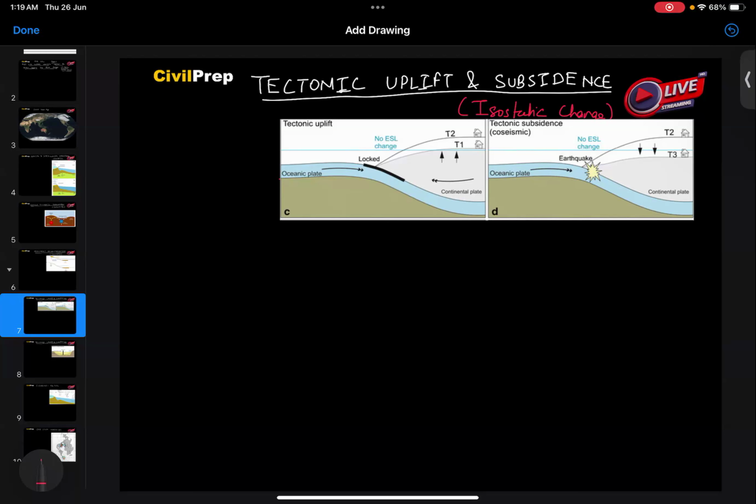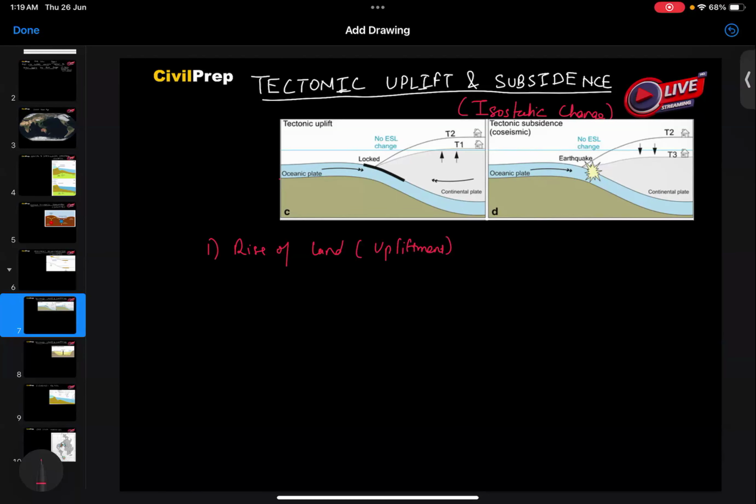Okay, so here we see that because of the subduction, at a certain point of time there is locking taking place, because of which the continental plate is colliding here, and due to which there is, we can say, a break in the movement of the continent, and there is accumulation of the material, the rock, because of which we see that there is a rise of land or upliftment. Okay, here we can see there is upliftment taking place.